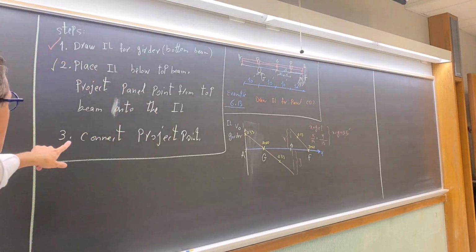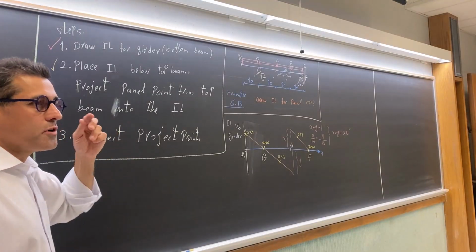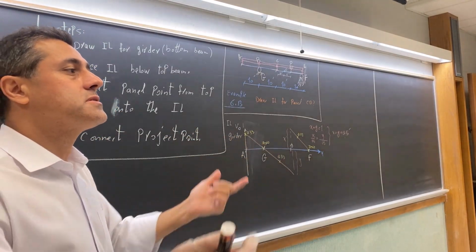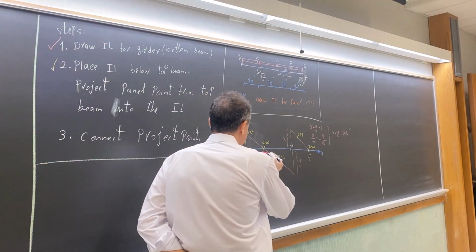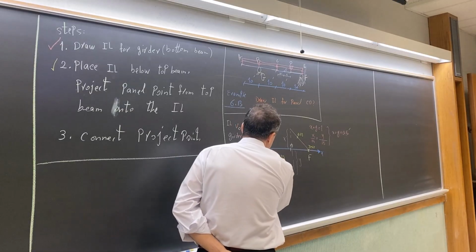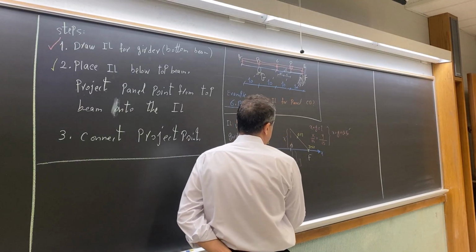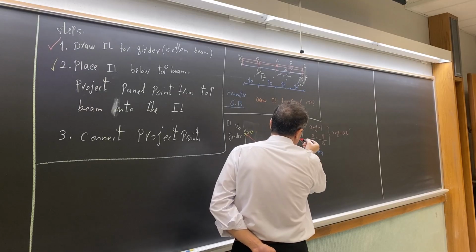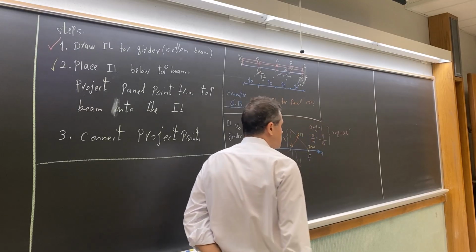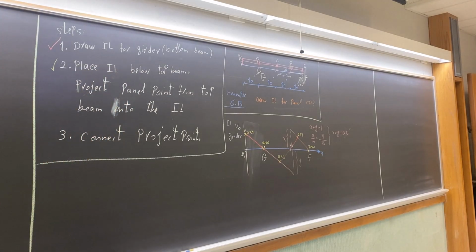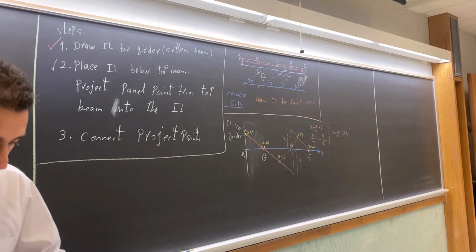Step 3, connect the projected points. Okay, the yellow points, just connect them by a straight line. The red diagram is the final answer.